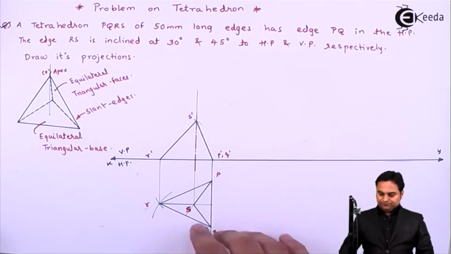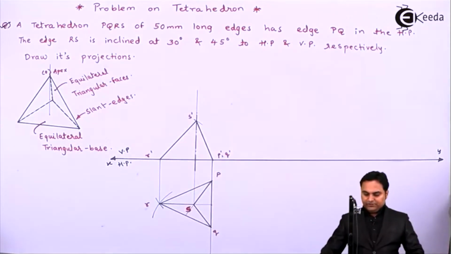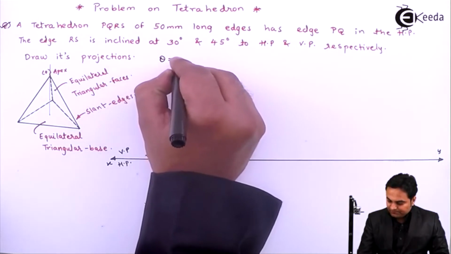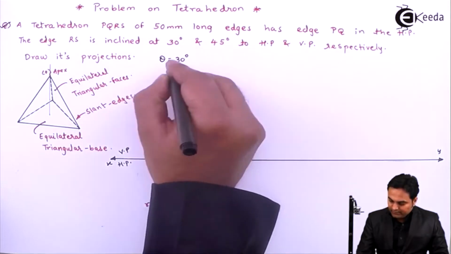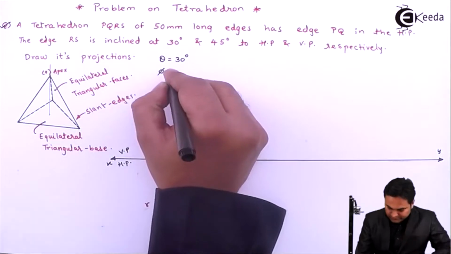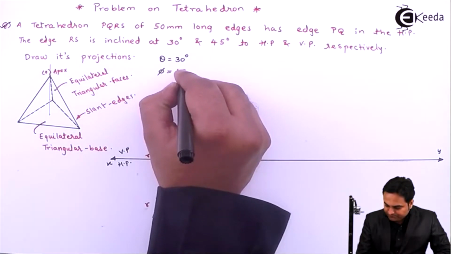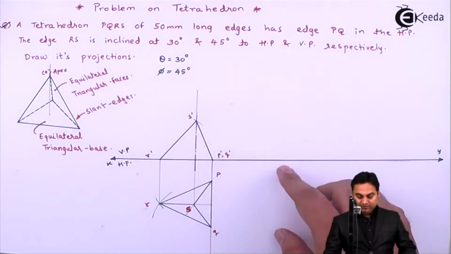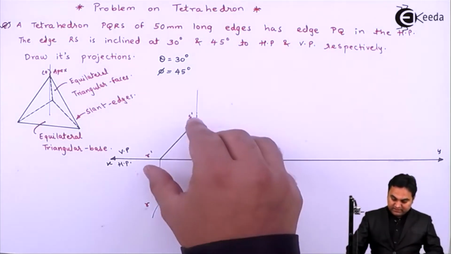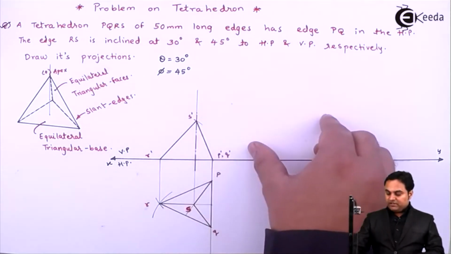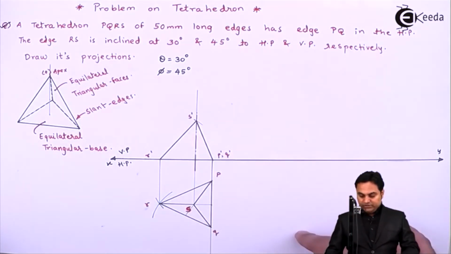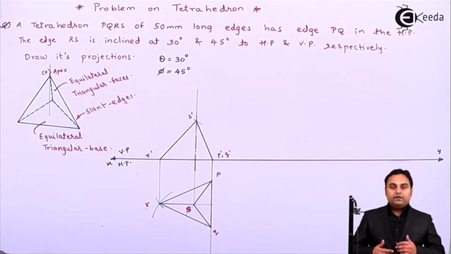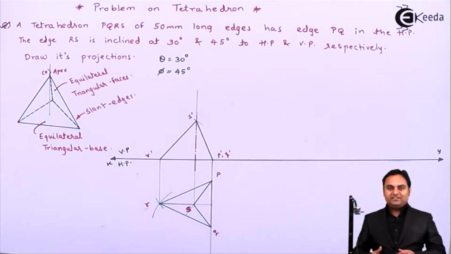In this case, if it is inclined at 30 degree to HP, that inclination is called as theta, and inclination with VP, that is called as phi. So inclination with HP will be seen in VP. So in the next stage, this edge RS will be made inclined at 30 degree with HP so that it is visible in VP. And for that, we have to follow some special procedure that I'll explain it here.